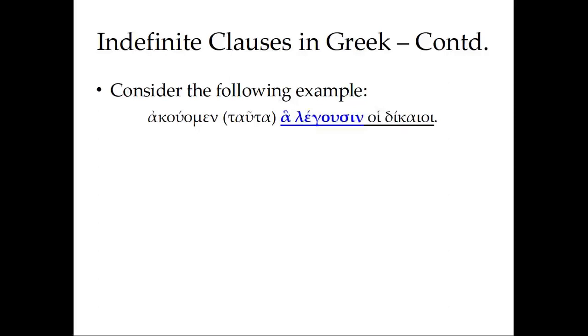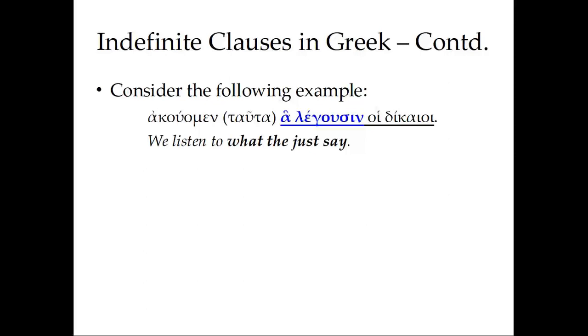This is a relative clause, not an indefinite clause. Literally, we listen to the things, or those things, that the just say. That they say would be the legousin. We listen to what the just say. It's probably a more elegant translation.